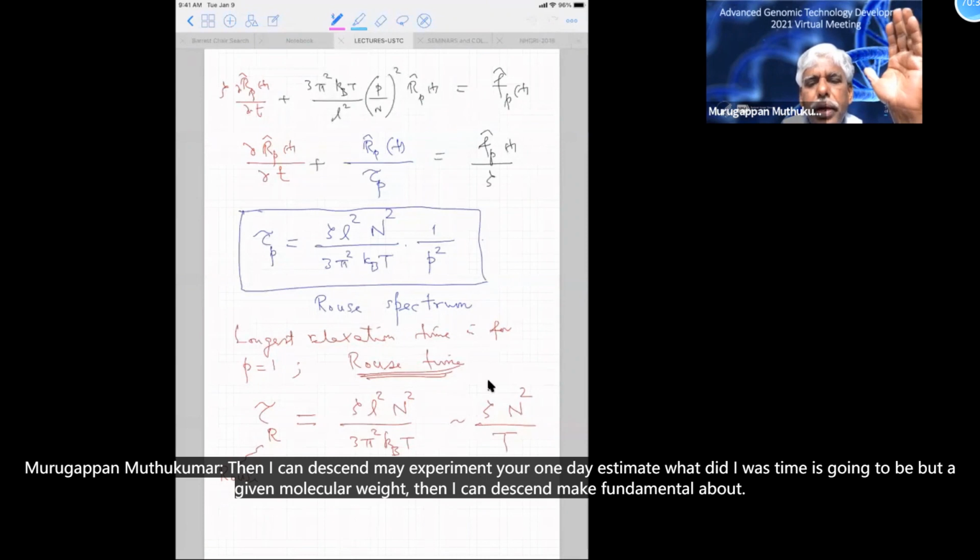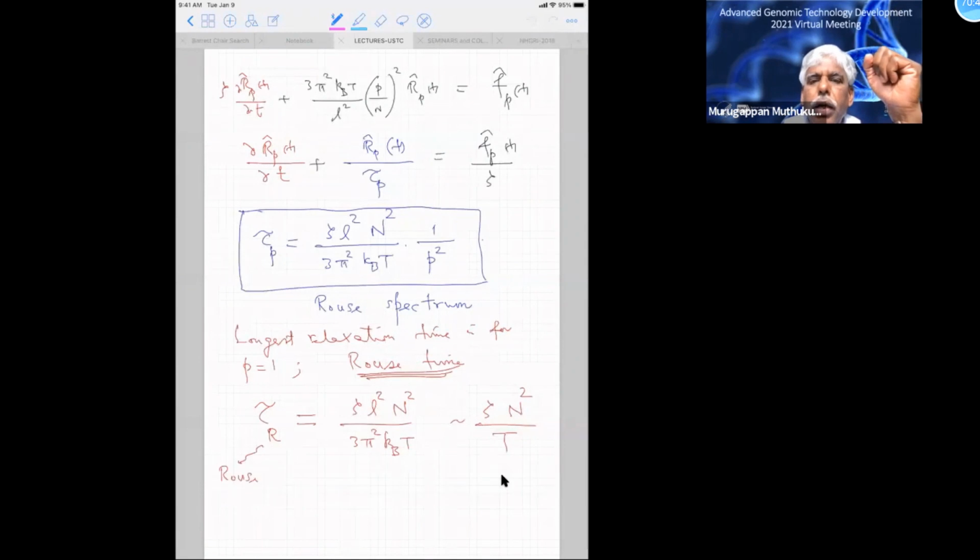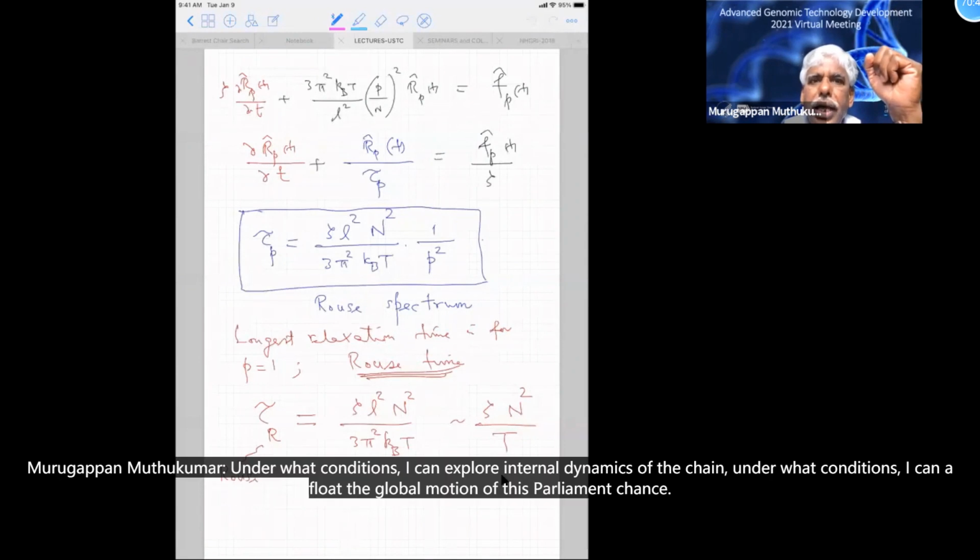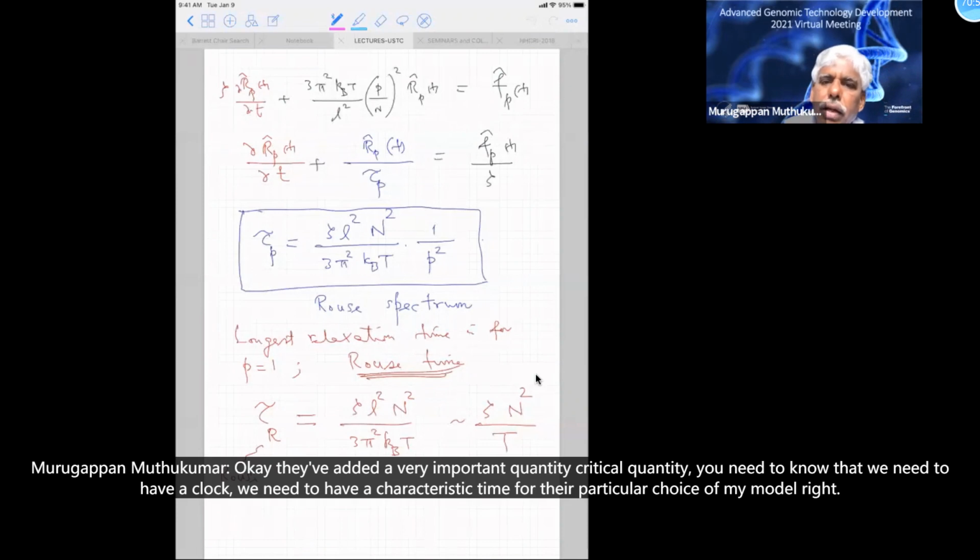Once I estimate what the Rouse time is going to be for a given molecular weight, I can design my experiment: under what conditions I can explore internal dynamics of the chain, and under what conditions I can explore the global motion of these polymer chains. This is a very important, critical quantity. We need to have a clock, a characteristic time for the particular choice of model.